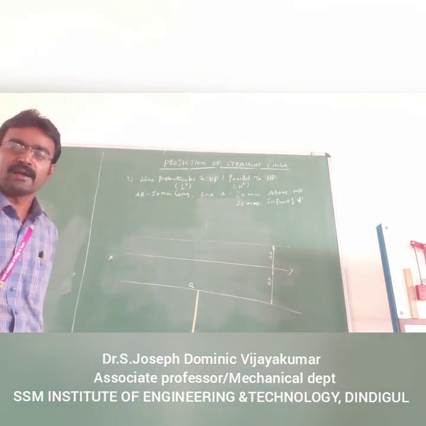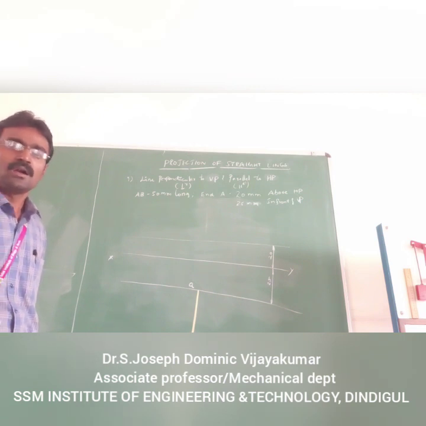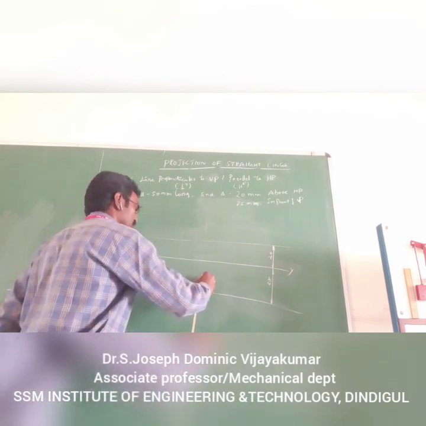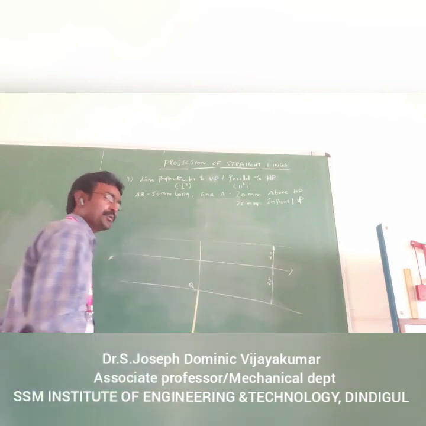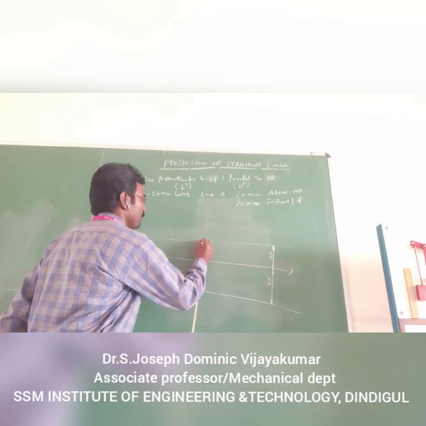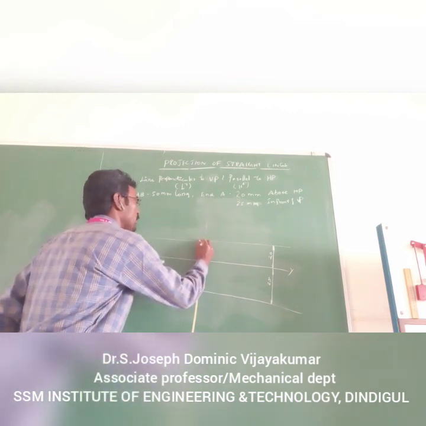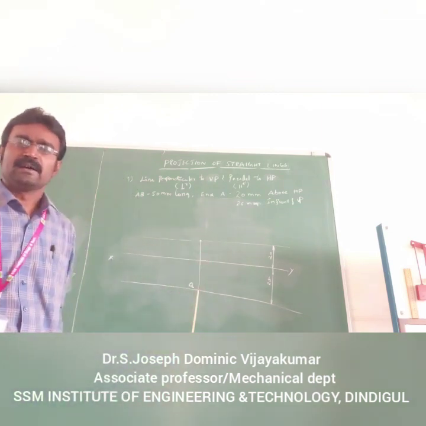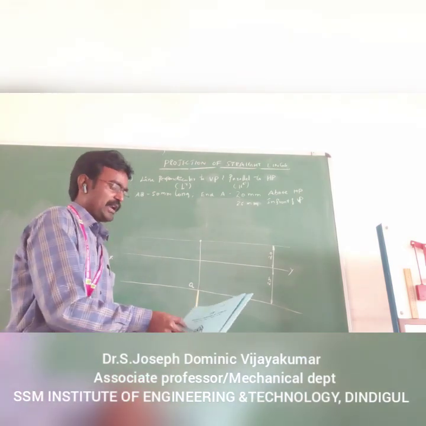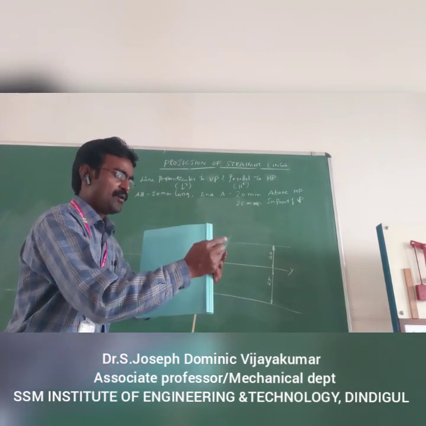Project the top view line to the front view. In the front view, we attain only a point. For example, this end A, this end B. So we have seen the object.